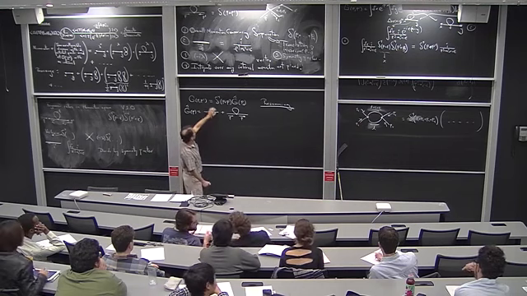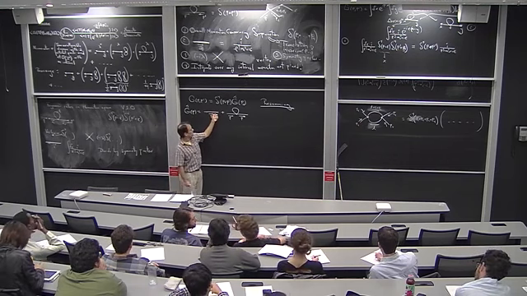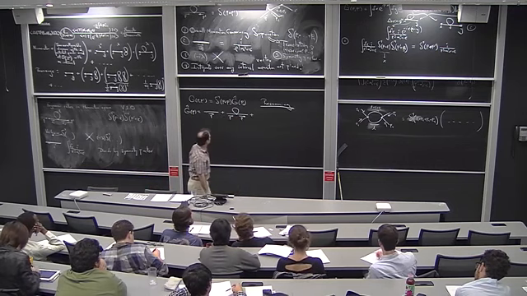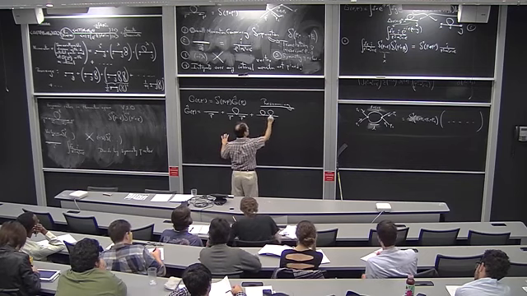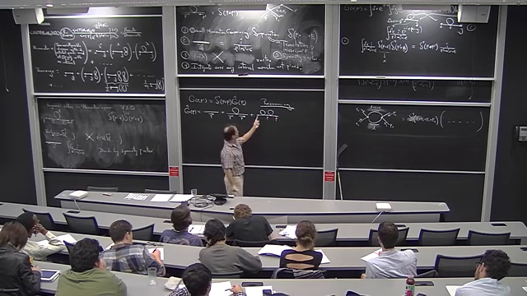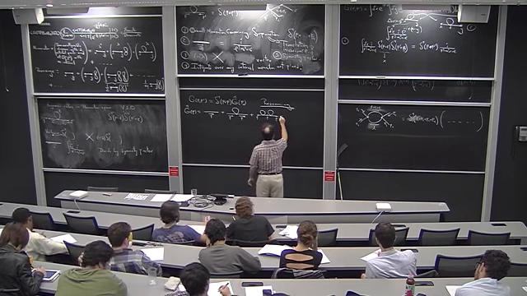So let's expand this guy, okay? We have this term. Now the next term would be what? Well, we can have something that looks like this. Again, by momentum conservation, this P has to be the same as this P and this P. Okay.